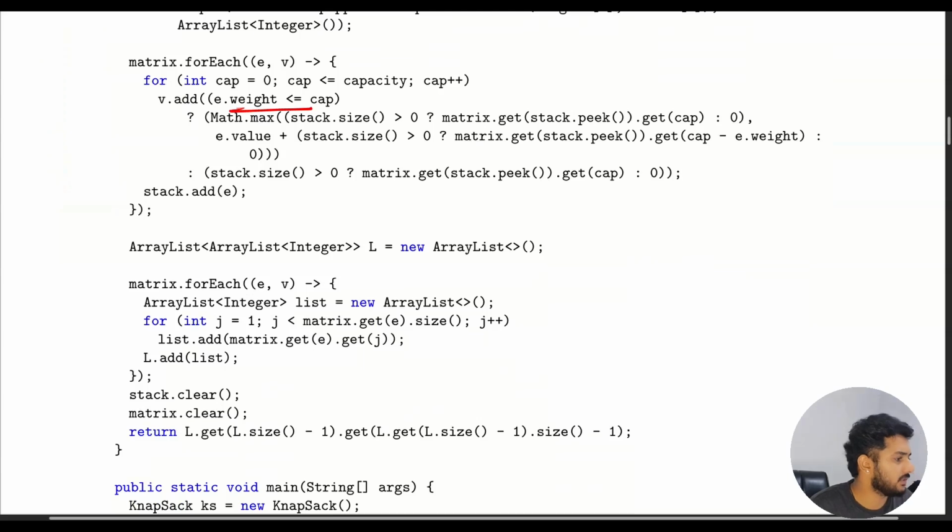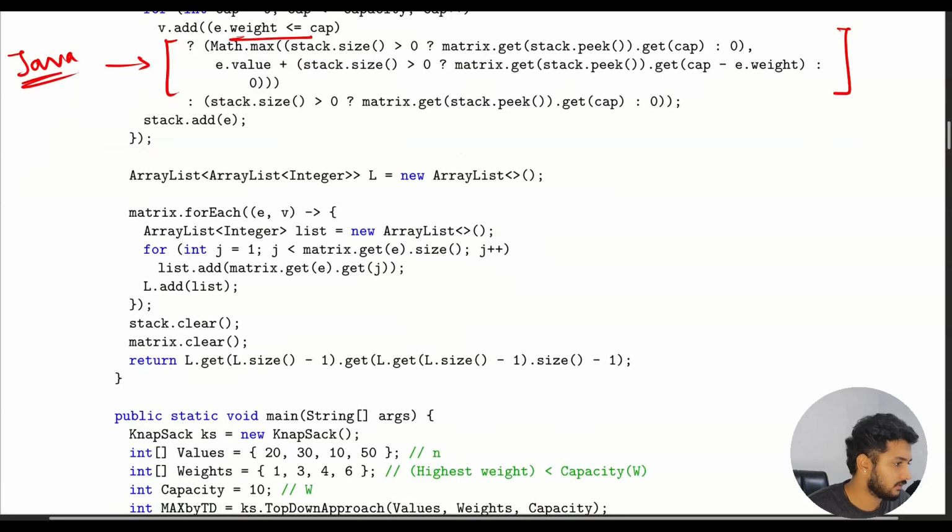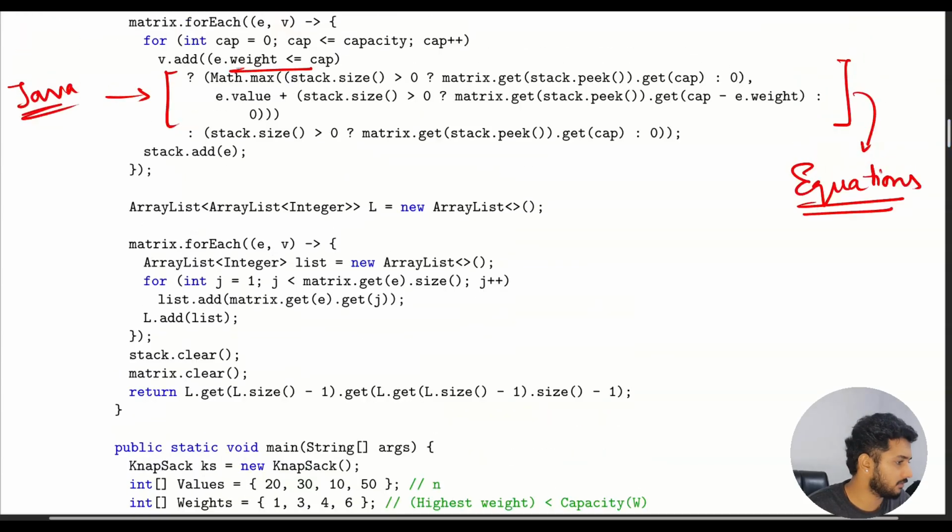If the capacity is less, then based on the discussed equations, I have coded them in Java. And at last, these are basically the mathematical equations that I've previously discussed, based on this condition.